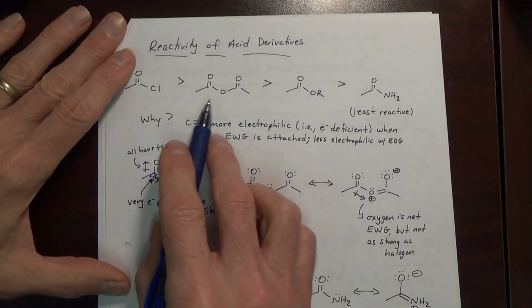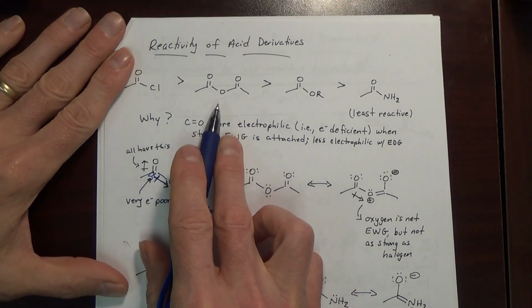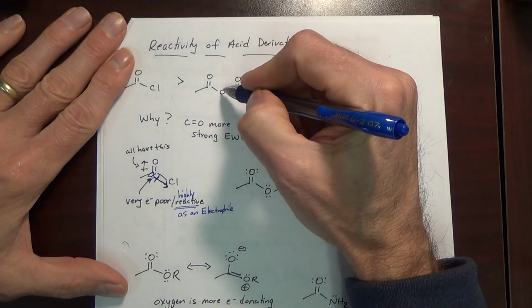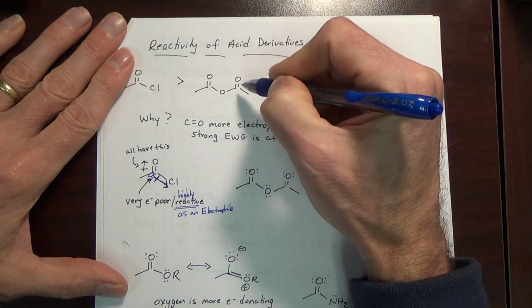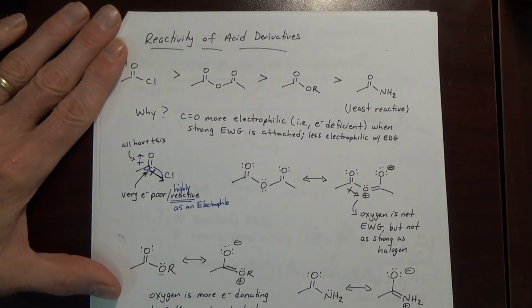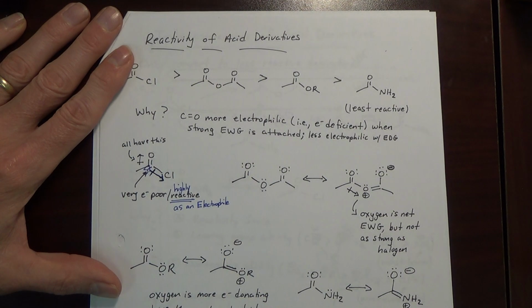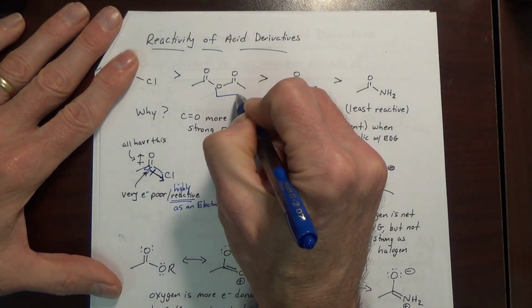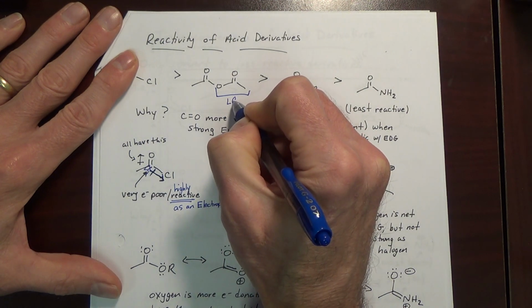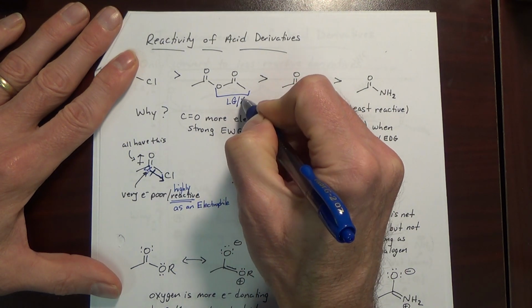Next is an anhydride. We'll cover anhydride specifically. It is where you have two carbonyls and an oxygen bonded to both carbonyls. Now when you react them, and as we'll say later, this is going to be the leaving group, the X group.